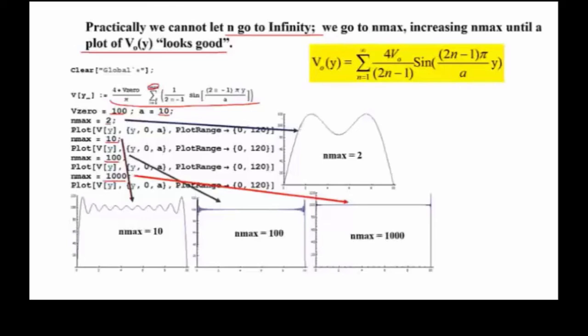So two terms give us this function here, which obviously is not a good fit. Then we go to 10. Well, it looks better. It's getting close to 100 up here. Then we go to 100. Other than these wiggles, it looks pretty good. And then finally we go to 1,000, and it looks pretty good here. I have to warn you, though, that there's still wiggles here.